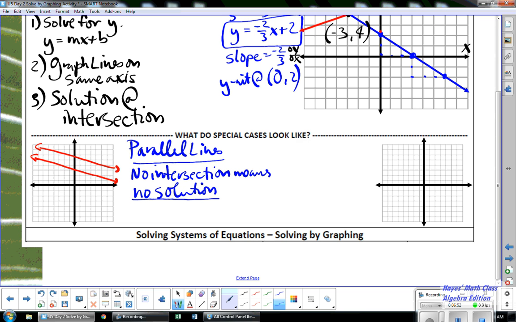So no intersection means no solution. They don't intersect, so there's no points they share in common, and that's basically what we're looking for.